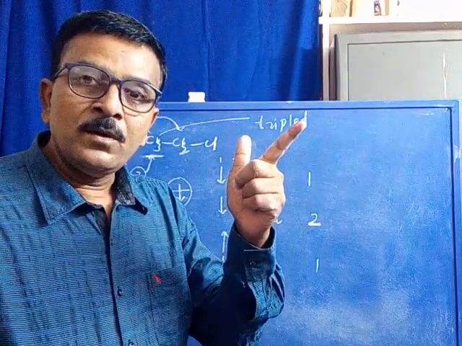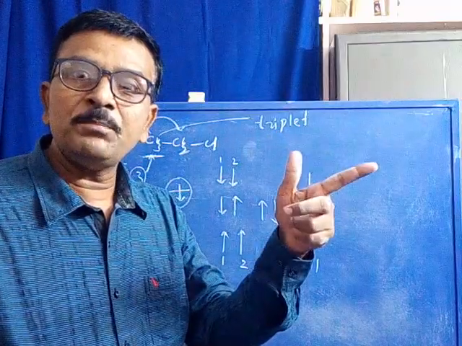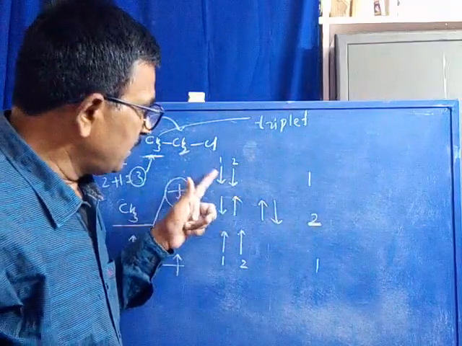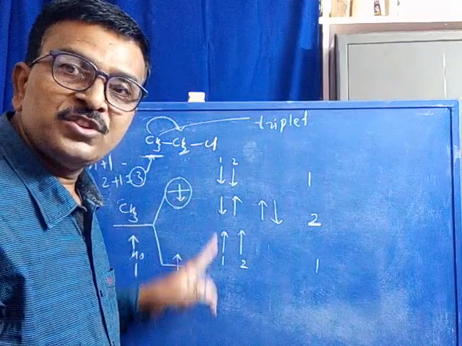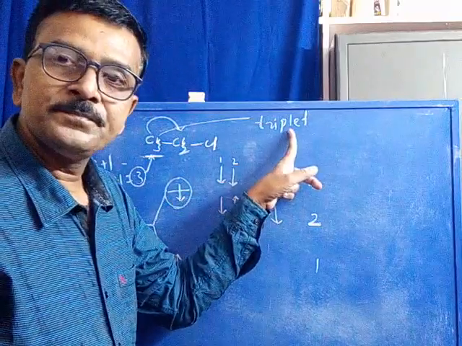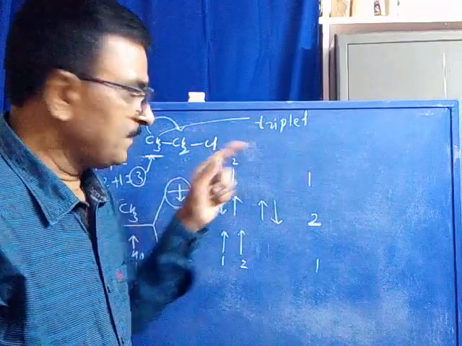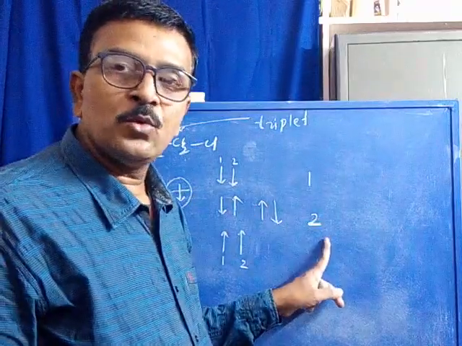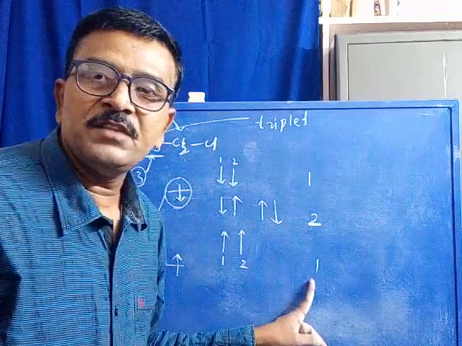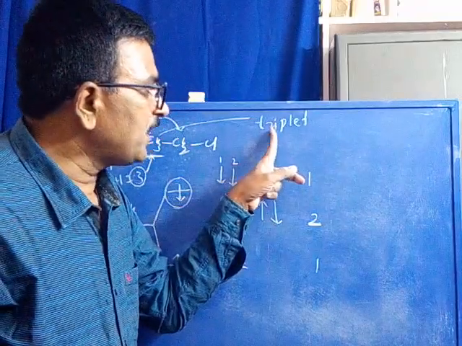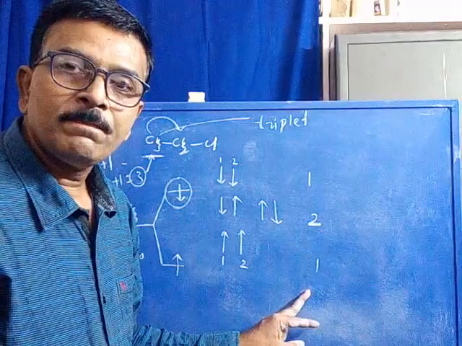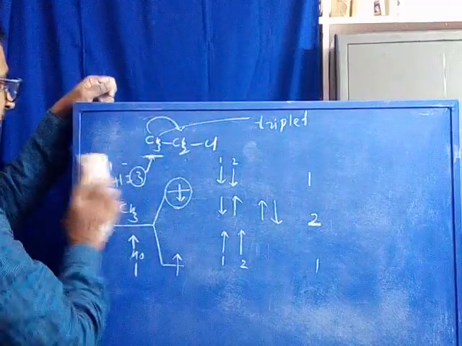Because the protons to which the CH3 proton is coupled are oriented in 3 ways: 1, 2, 3. Therefore triplet. Now intensity. The first orientation has one combination, the second orientation has two combinations, the third orientation has one combination. Therefore, a triplet appears with 1:2:1 intensity. Is it clear? Now coming to another example.